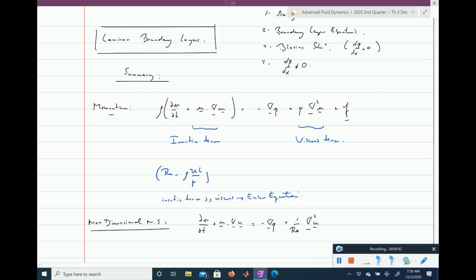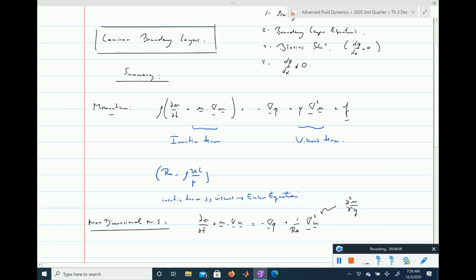And of course, because the Reynolds number was really large, we assume this term would become very, very small, and therefore this whole term could be neglected. But if you think of it, this term includes terms such as the second partial of u with respect to y. And what happens if this term becomes really, really large?